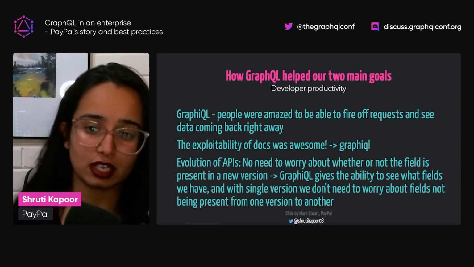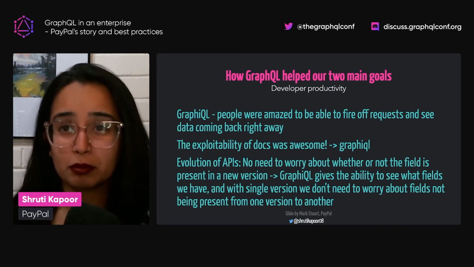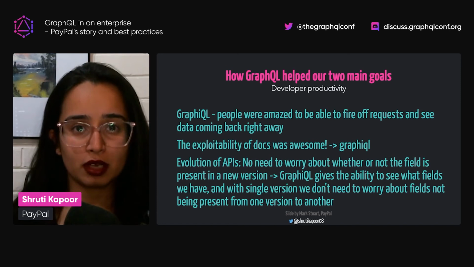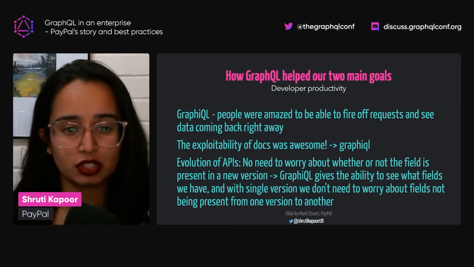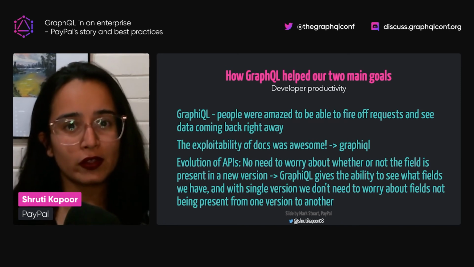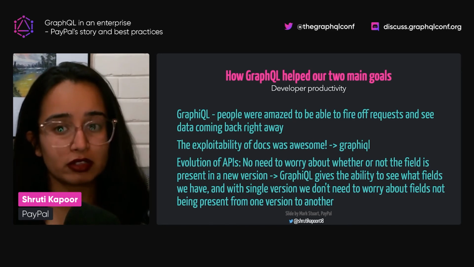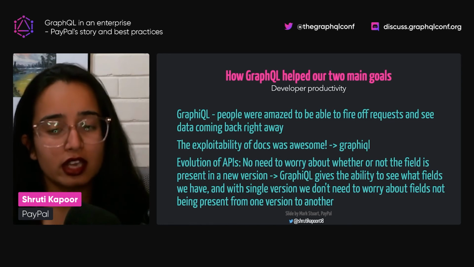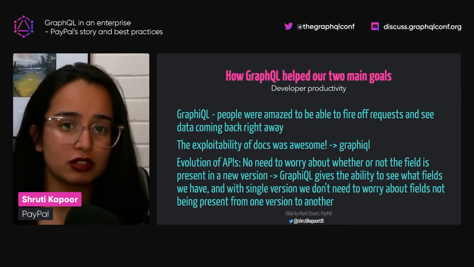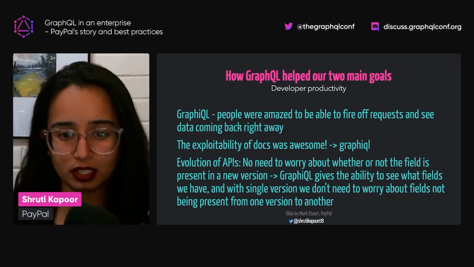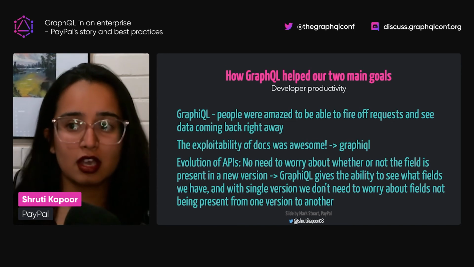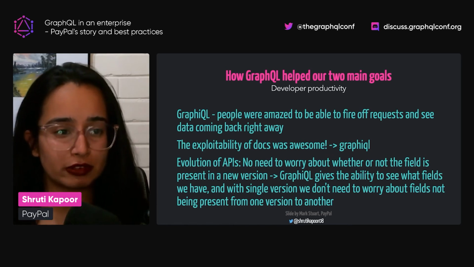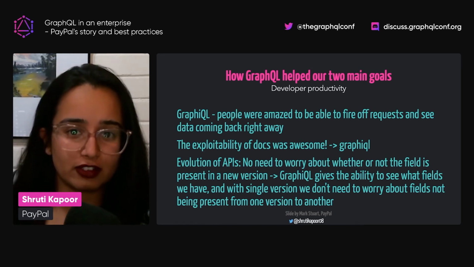Because we have instrumentation of our APIs, if we saw that somebody was running that query or asking for that field, we knew that we shouldn't deprecate that field just yet. And if we did want to deprecate, we can use a directive called deprecated that can help inform that this field is going to go away in the future. Because of this, we were able to intelligently evolve our APIs.